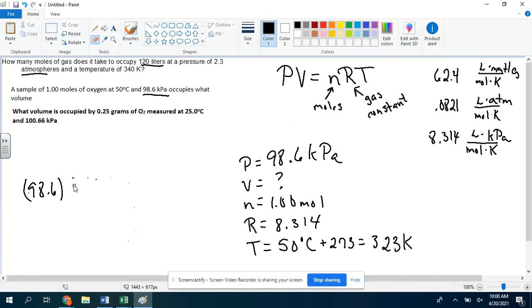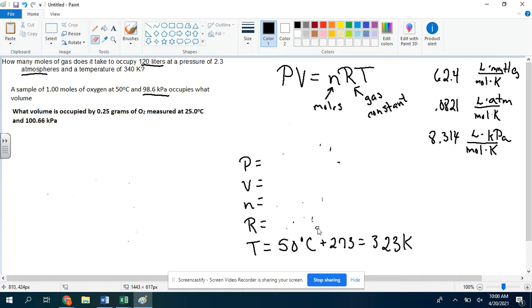Okay, we got one more, and I really wanted to show you one like this last one because it involves them giving you a mass for your moles, but I'm going to show you real quick that you absolutely know how to take care of those too. We have done a whole lot of converting grams to moles and moles to grams. So I'm going to do a quick example to remind you that you know how to do that.